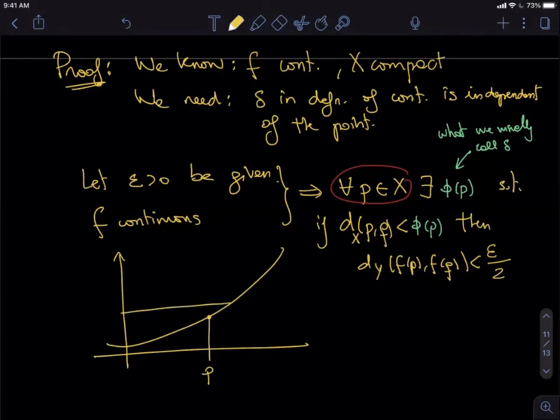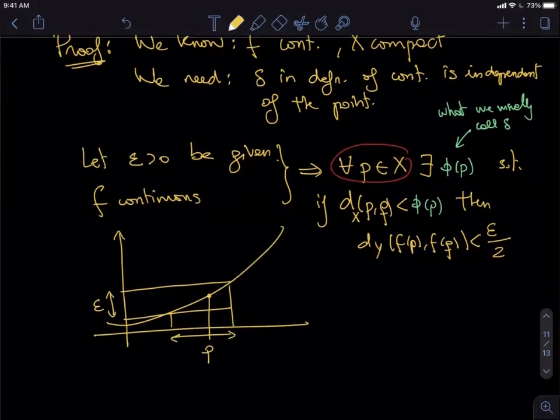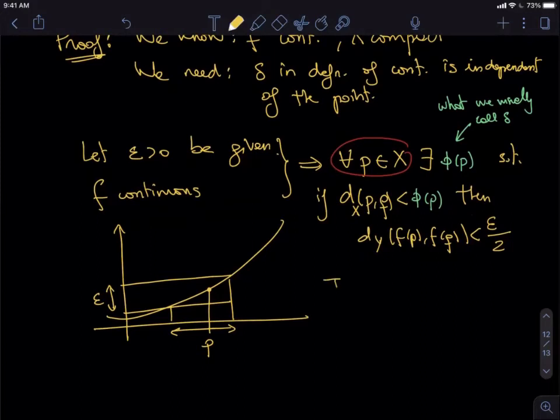So we have our epsilon here, and then that gives us some neighborhood of P. So that neighborhood, I'm going to call it J of P. So we are going to define J of P as the set of all Q in X such that the distance between P and Q in X is less than phi P over 2.